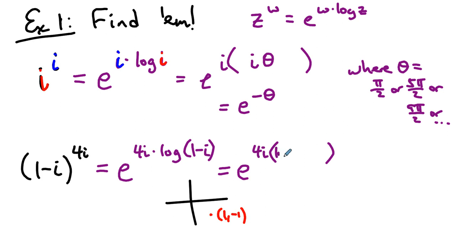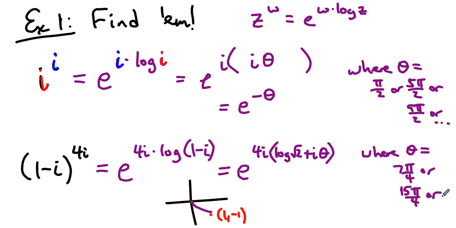Its distance from the origin is radical 2, plus i theta, where theta is, well, this appears to be 7 pi over 4, or we could add another 2 pi, or so on.